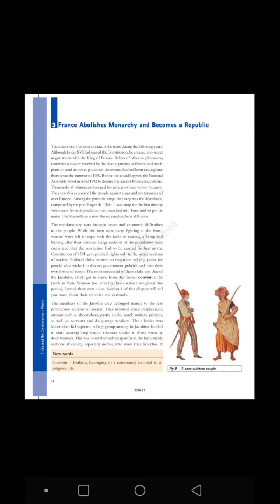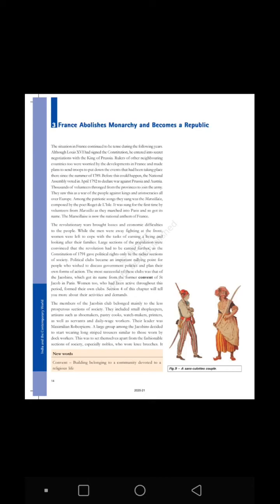The revolution brought losses and economic difficulties to the people. While the men were away fighting at the front, women were left to cope with the tasks of earning a living and looking after their families. Large sections of the population were convinced that the revolution had to be carried further, as the Constitution of 1791 gave political rights only to the richer sections of society.